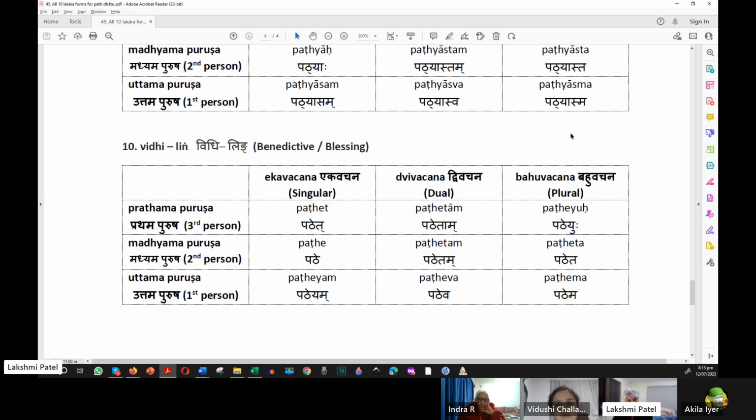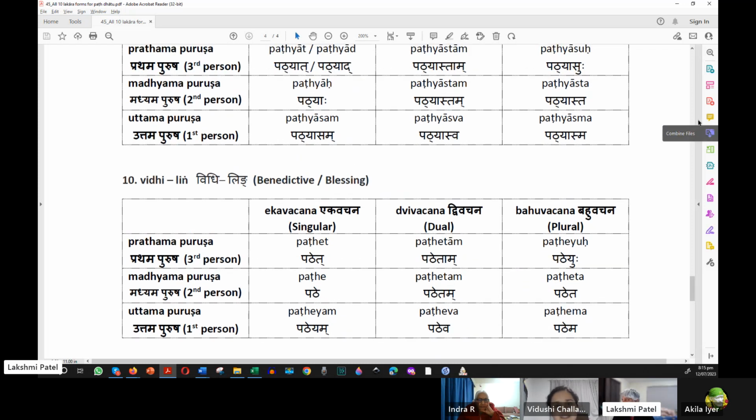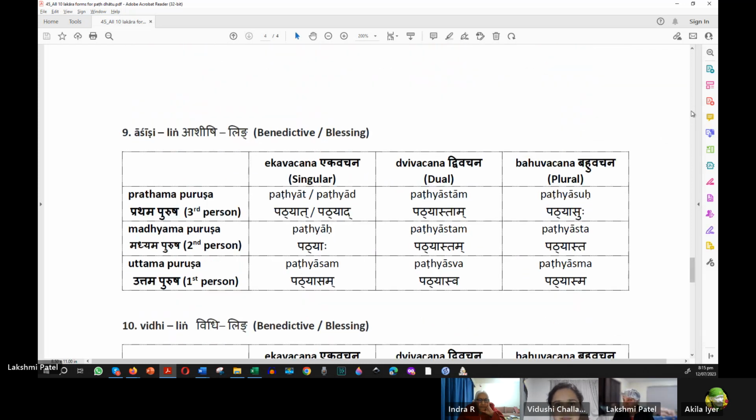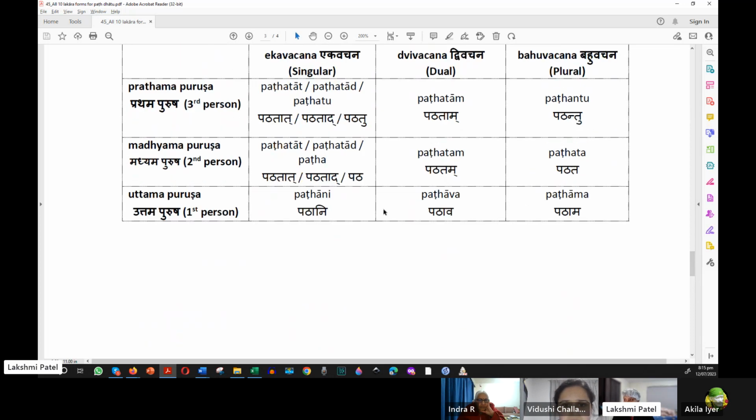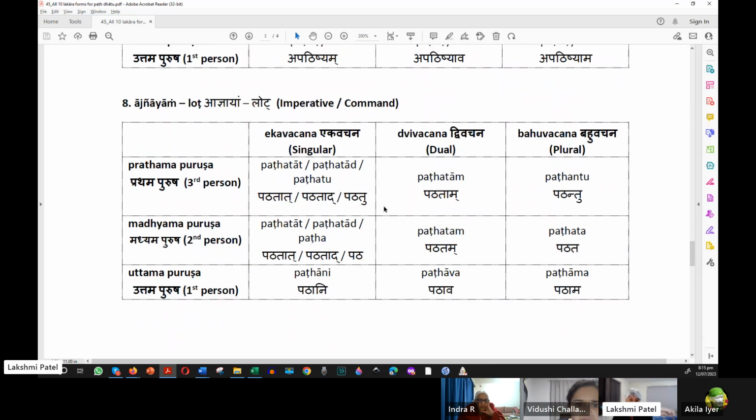So is the mood of the person one of giving a benediction, or is the mood of the person one of giving a command, or is it a request?